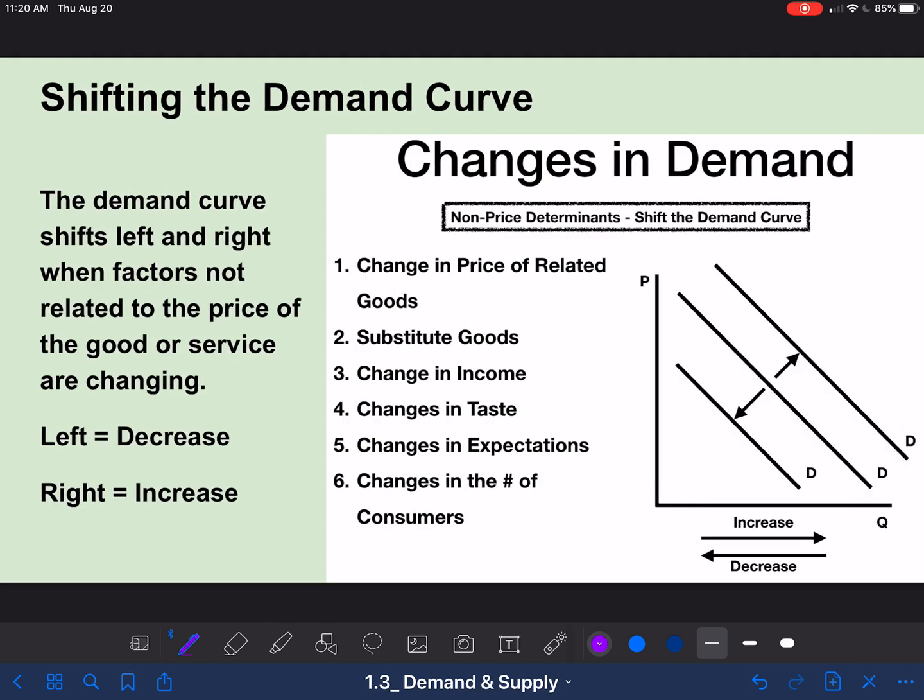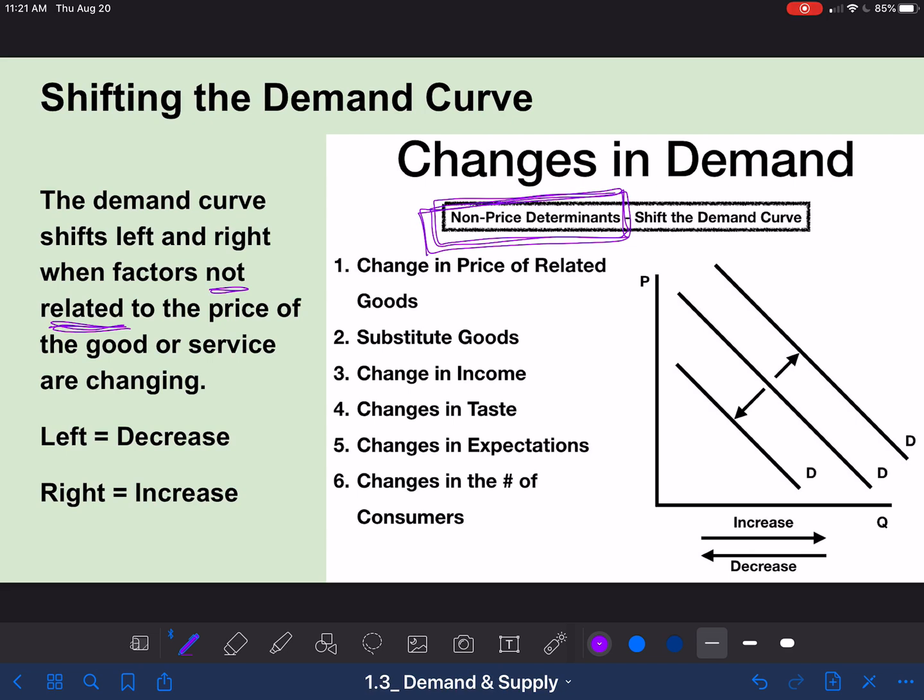Now, when we do start to change our demand curve, so this is full shifting of our demand curve, it's due to things happening in the background of that market. So it's not because of a price change, it's due to factors not related to the price of the product, and they are called the non-price determinants of demand.